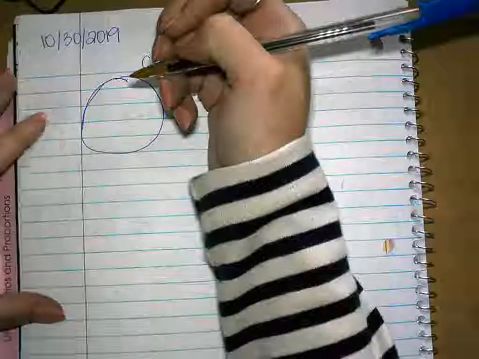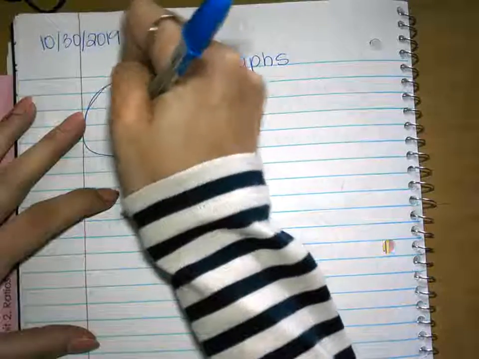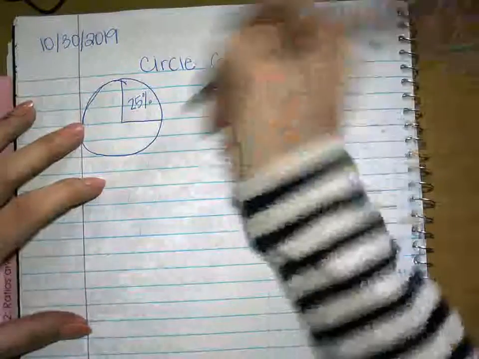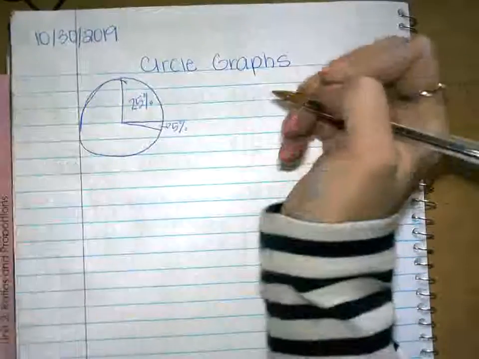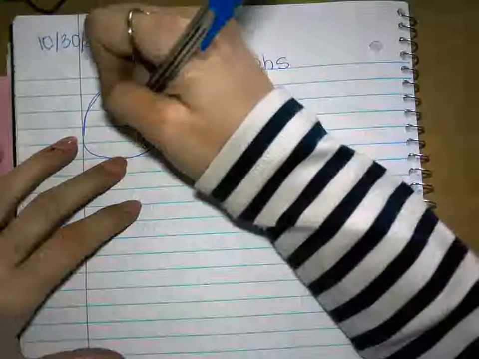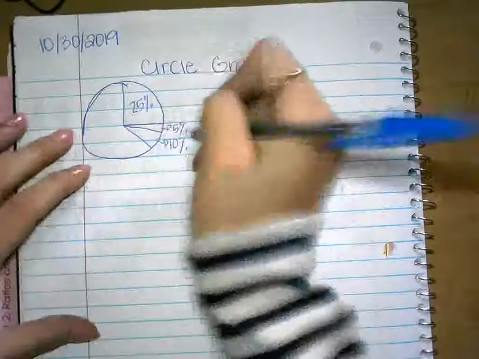Okay? But if we have a circle graph here, let's say I'm just going to draw 25%, we're going to say that's 5%, we'll say that's 10%, and this looks close to 60%.